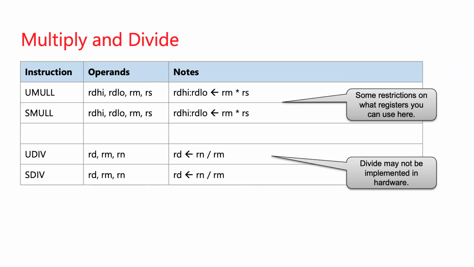And divide, depending upon your hardware, may not actually be implemented in hardware. Divide is used seldom enough in executing code that they may expect you to just do that in software, and that simplifies the design of the chip a lot, reducing power consumption. So if you're working on a real ARM processor, whether or not you have this instruction might depend on your processor.